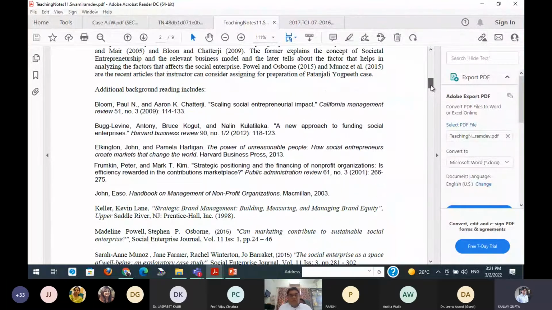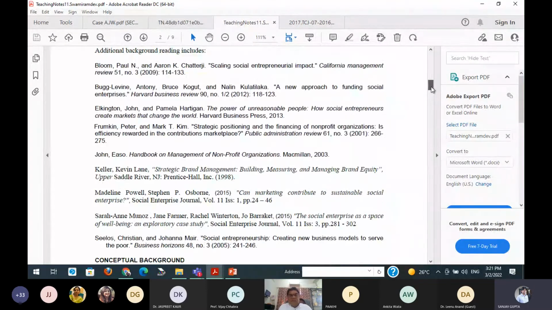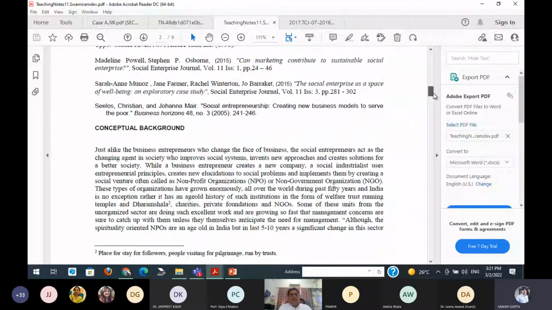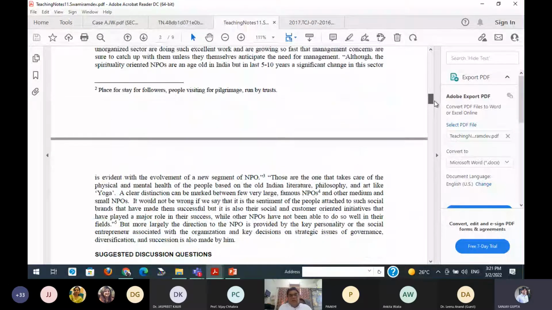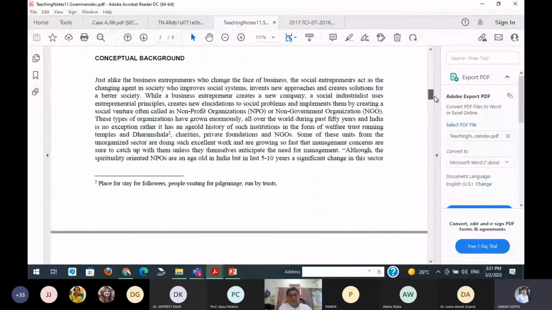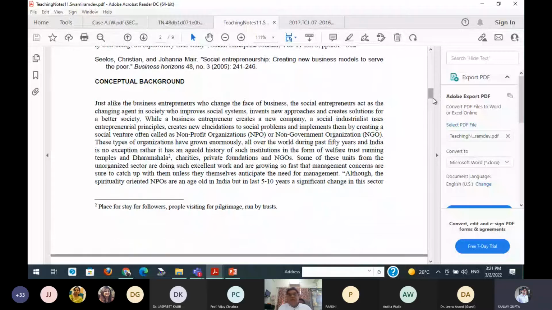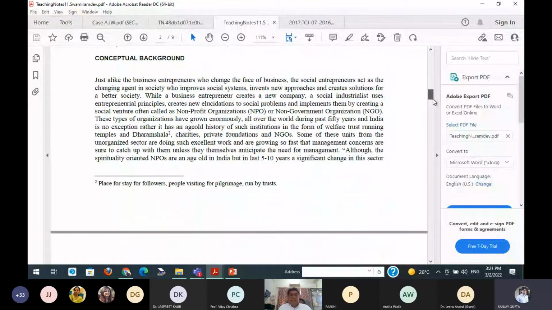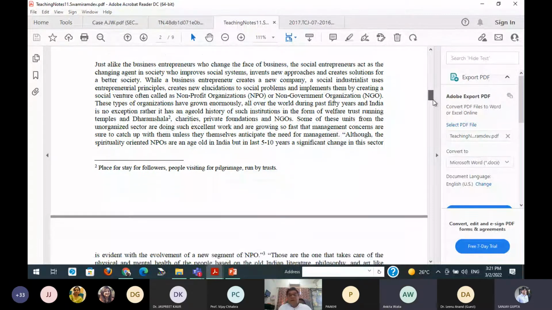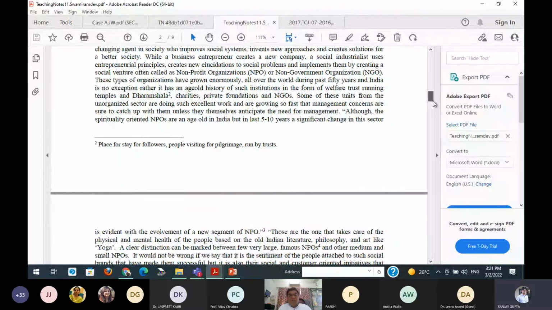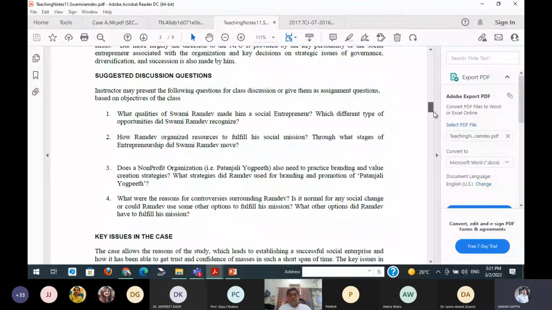You give links or references for background reading, and you also talk about the conceptual background of the case, which may not be in the case, because the case only describes the situation. In the notes you talk about concepts, such as a non-profit organization, a non-government organization or an NGO.